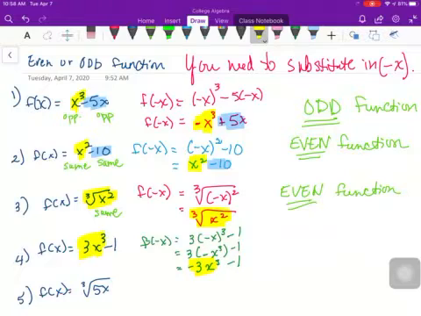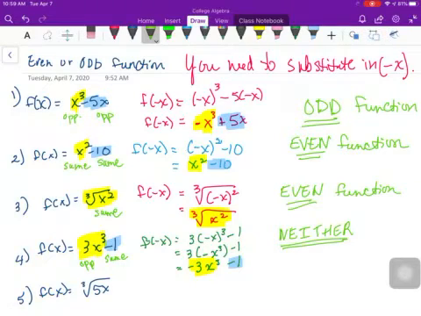Negative 3x cubed, 3x cubed. Those are opposites. Negative 1, negative 1. Those are the same. So this is neither even nor odd because it is not everything opposite or everything the same.